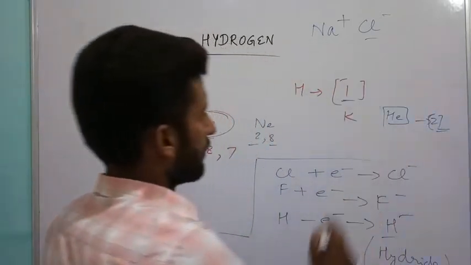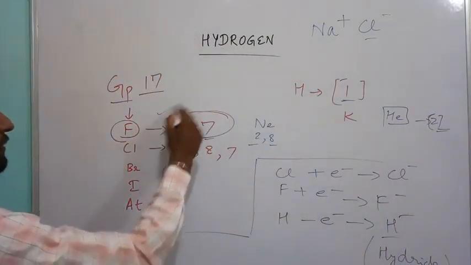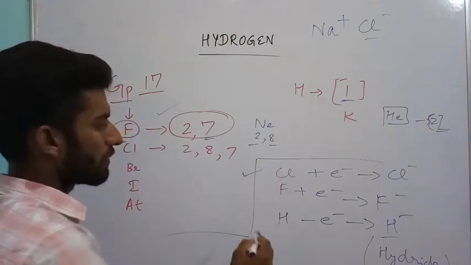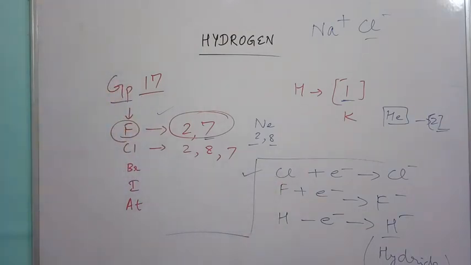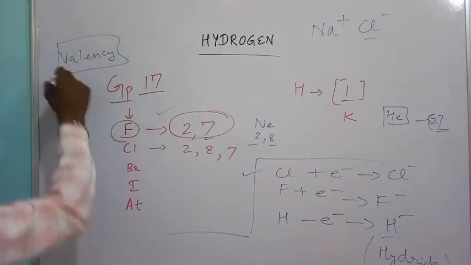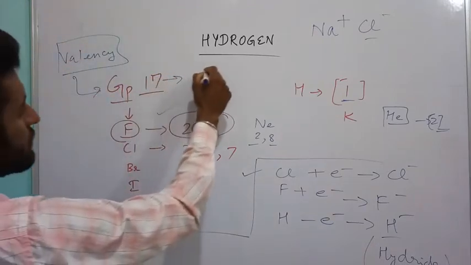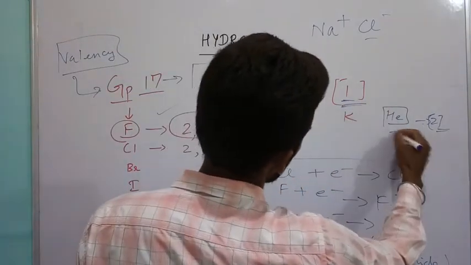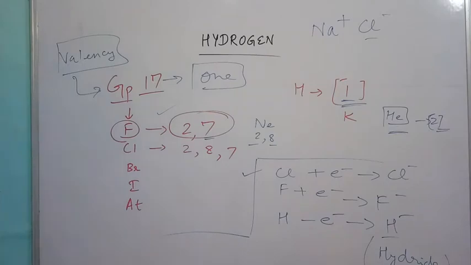First we discussed valence electrons. After that we discussed the formation of the electronegative ion. After that, valency: all the group 17 elements have valency equal to 1. Similarly, hydrogen has only one electron difference from the nearest noble gas, so its valency is also 1.